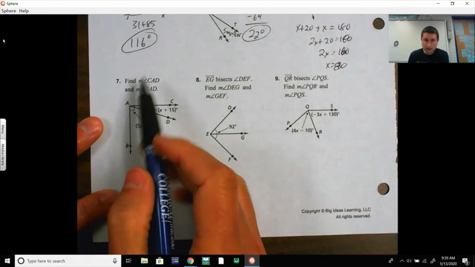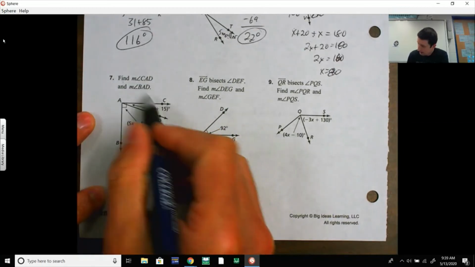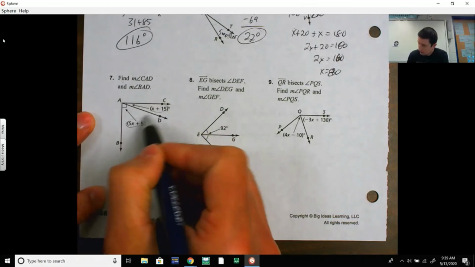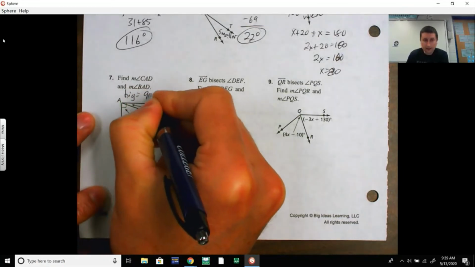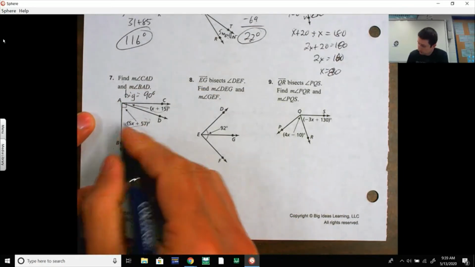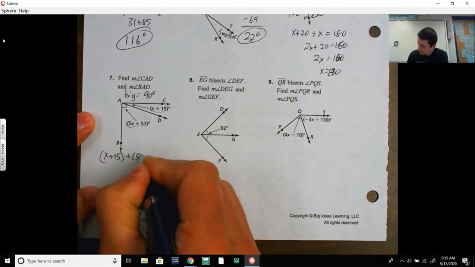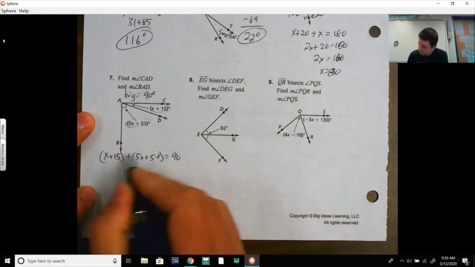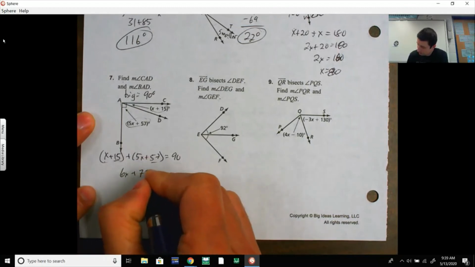Okay, find the measure of angle CAD and BAD. We know that overall the big one is a right angle, so that's 90 degrees. So I go x plus 15 plus 5x plus 57, and that's going to equal 90. So x plus 5x is 6x. 15 plus 57 would be 72.